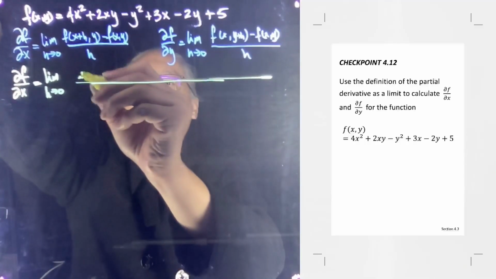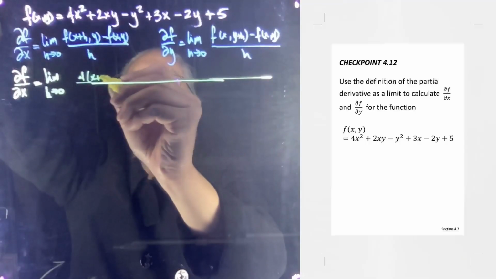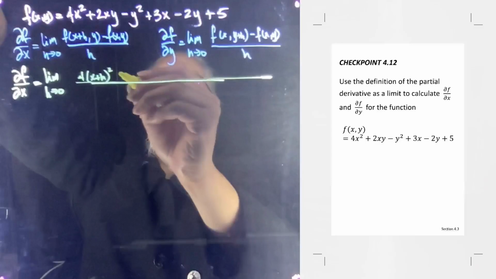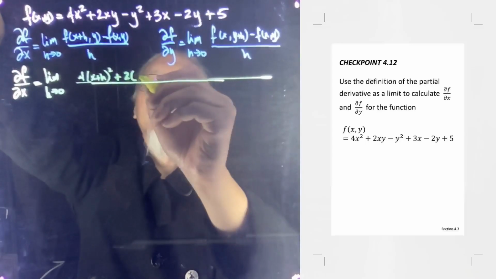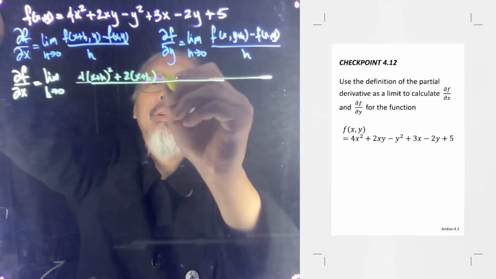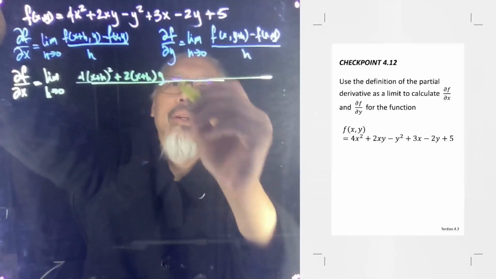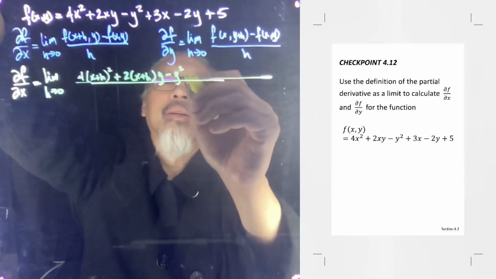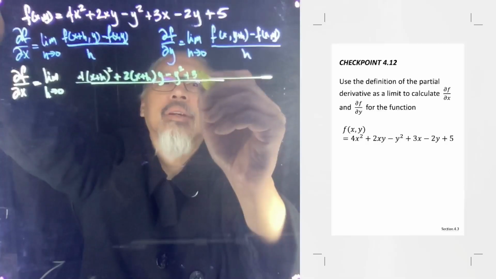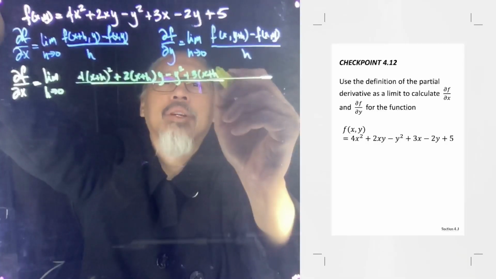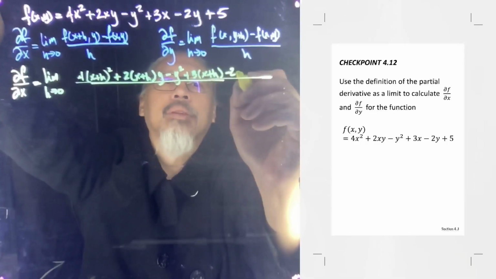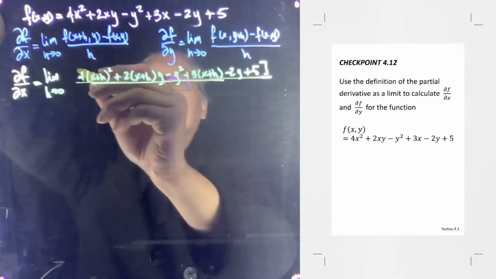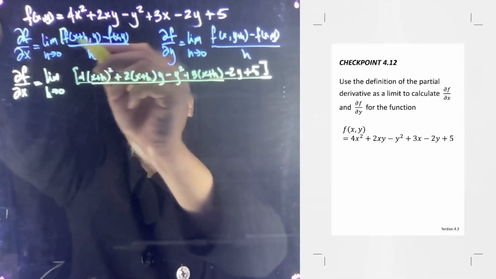So we have 4 times the quantity x plus h squared, plus 2 times x plus h times y, minus y squared, plus 3 times x plus h, minus 2y plus 5, and that would account for this first part.